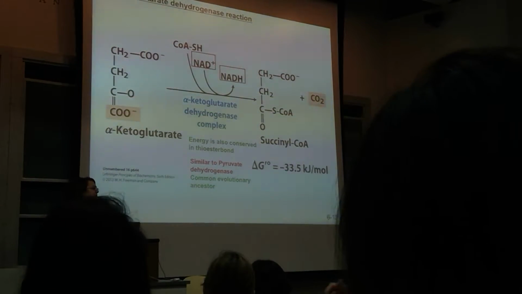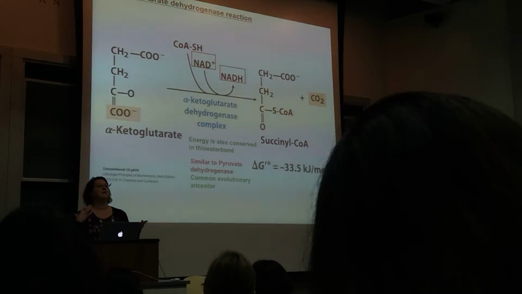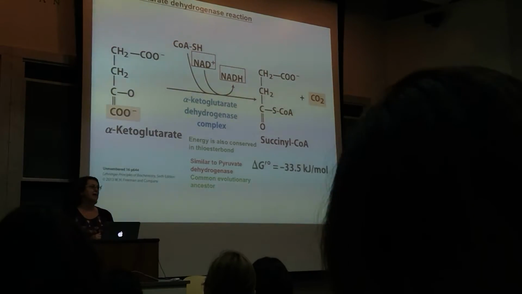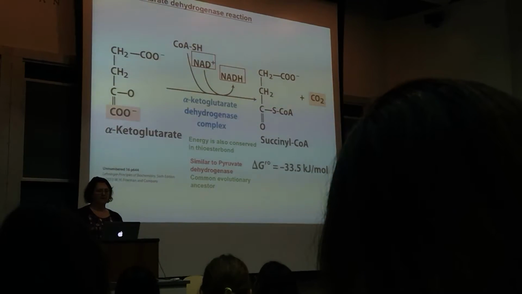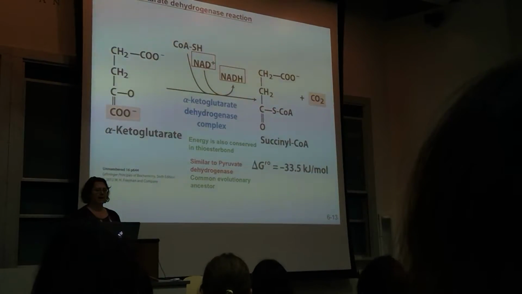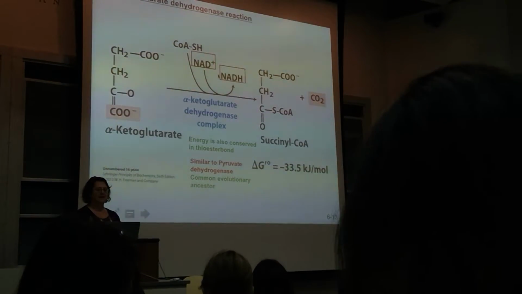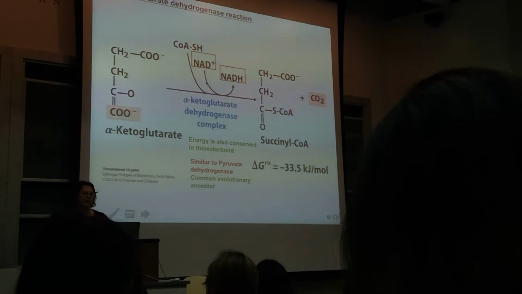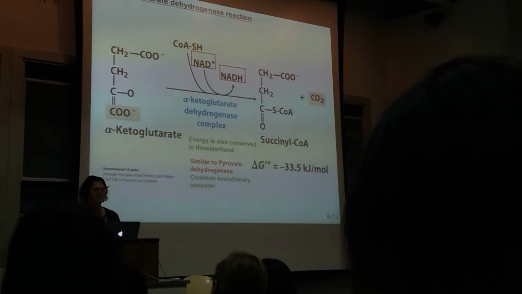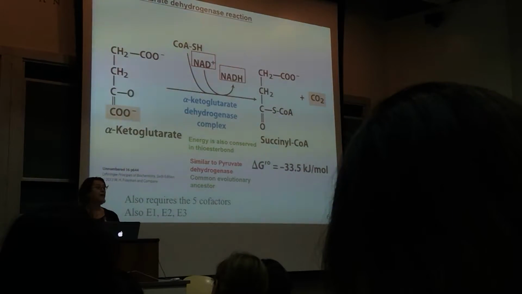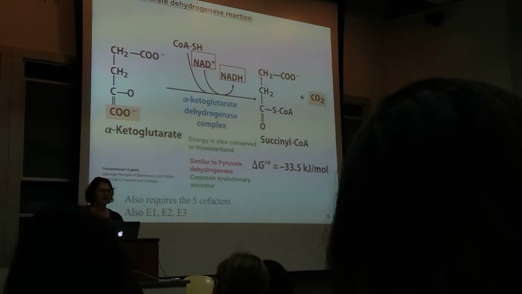And it looks like over evolutionary time, there was diversification of these enzymes to do slightly different things. We talked about pyruvate dehydrogenase, how it was putting on the CoA, it had NAD as a cofactor, but it actually had 5 total cofactors, right? They're not listed here, but they're all present, and they're used in a very similar reaction mechanism.